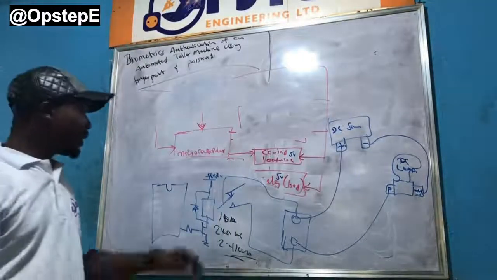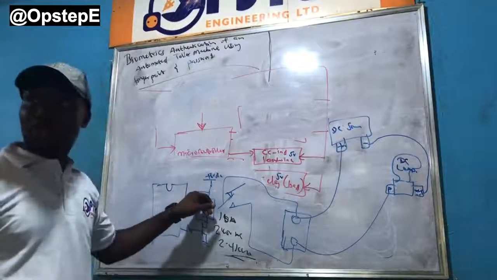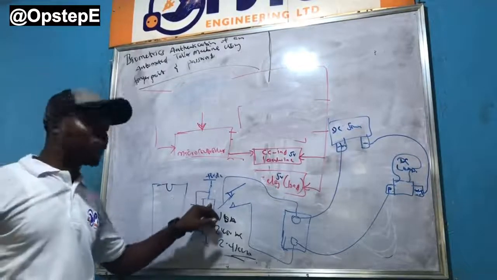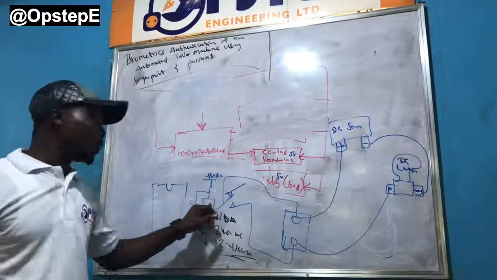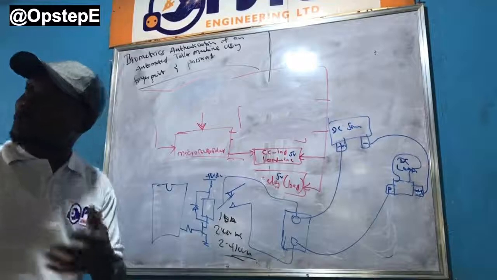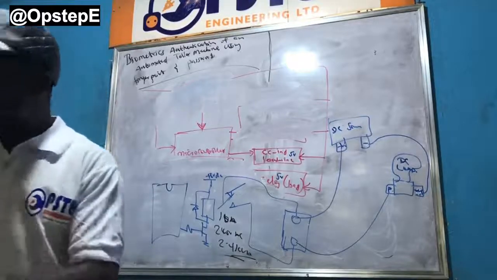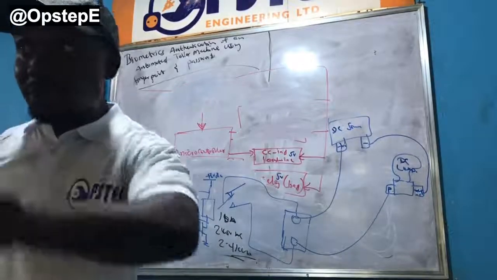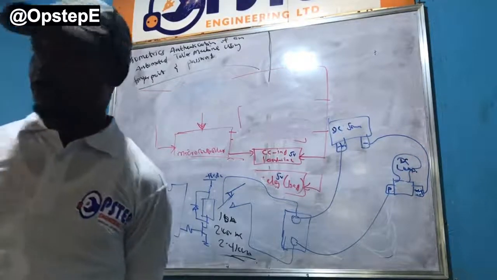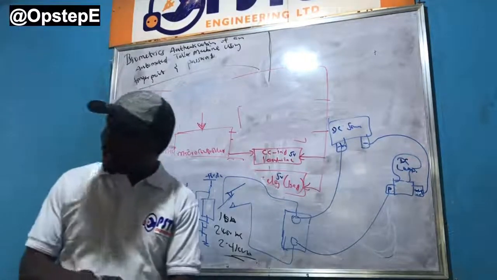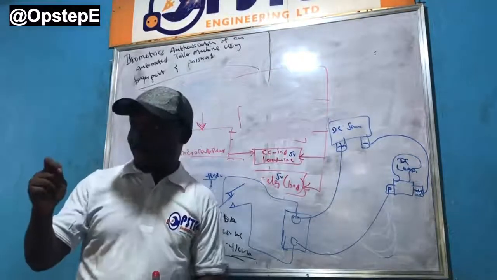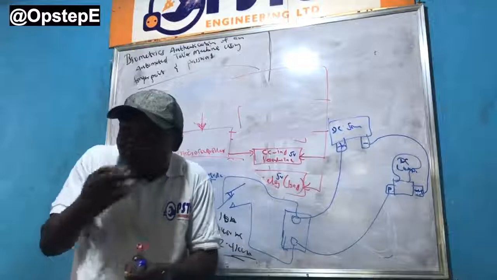But another good thing you should know is that based on the amount of EMF you intend to block here, we determine the diode you put here. So you could use the 1N4001, 4002 and the rest. But we know that the 4007 can stand how many volts? 1,000 volts. Does it make sense? You see the implication of some of these little details that we discussed about the components.